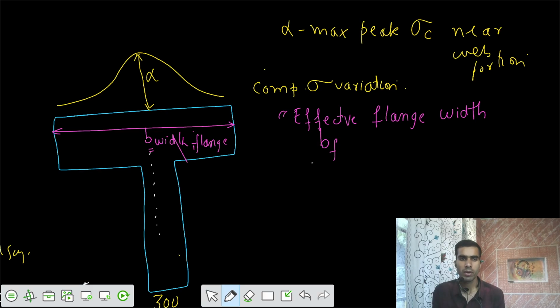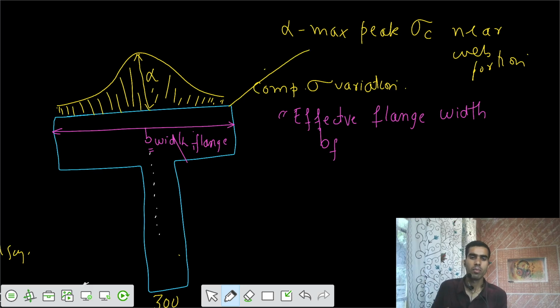So there's some effective width such that the total force developed because of these stresses, let's say the area contributed here because of those stresses, and there would be some length along the beam, let's say 1 meter.